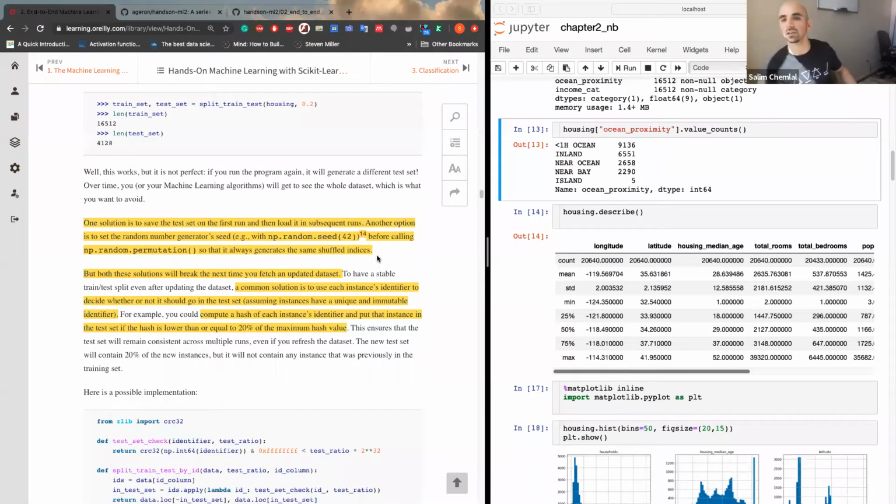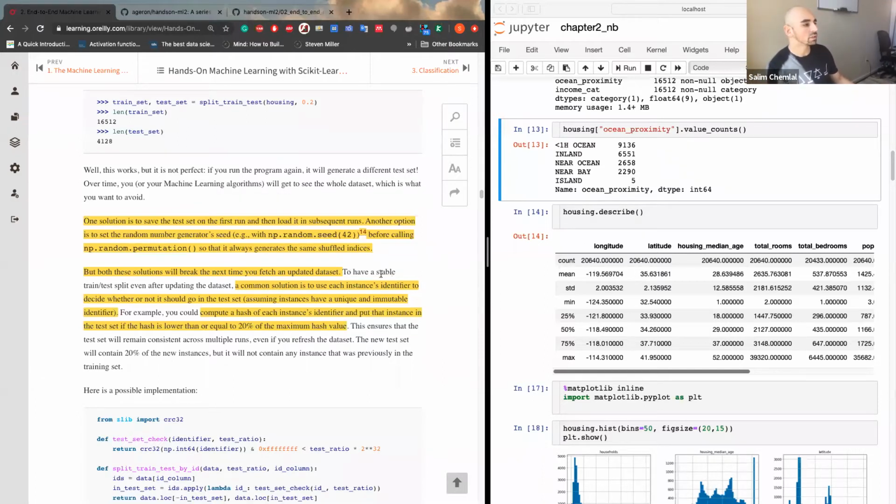What if your data set grows? Why would they fail? Let's say you had 1,000 samples and you selected 20%, so that's 200.